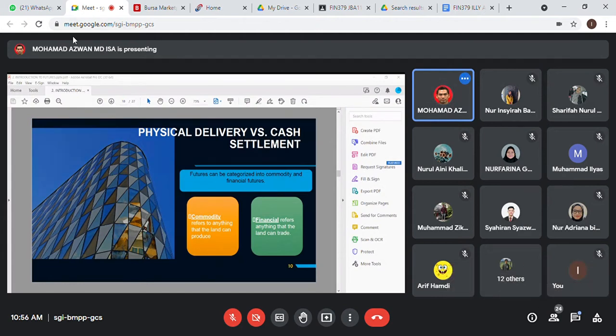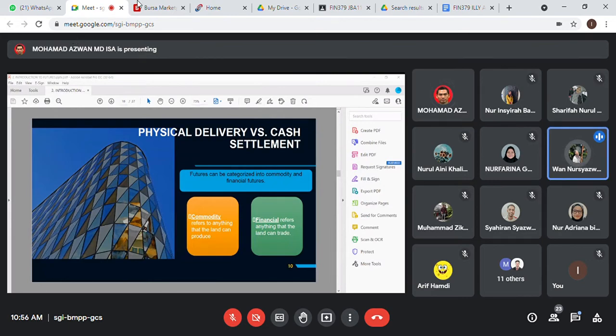Yes, sir. How about the FMG3? Cash settlement. Okay. Wan Menor Syazwani. Yes, saya. What about the FMG5? Cash settlement. Ya ke?